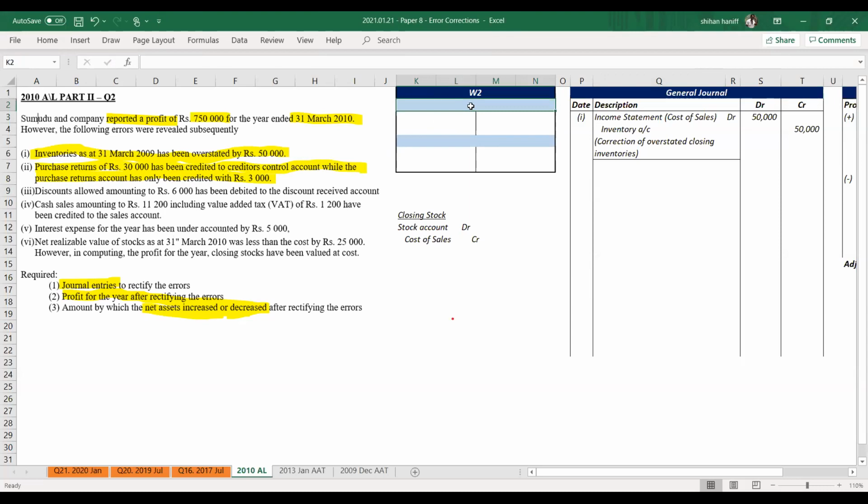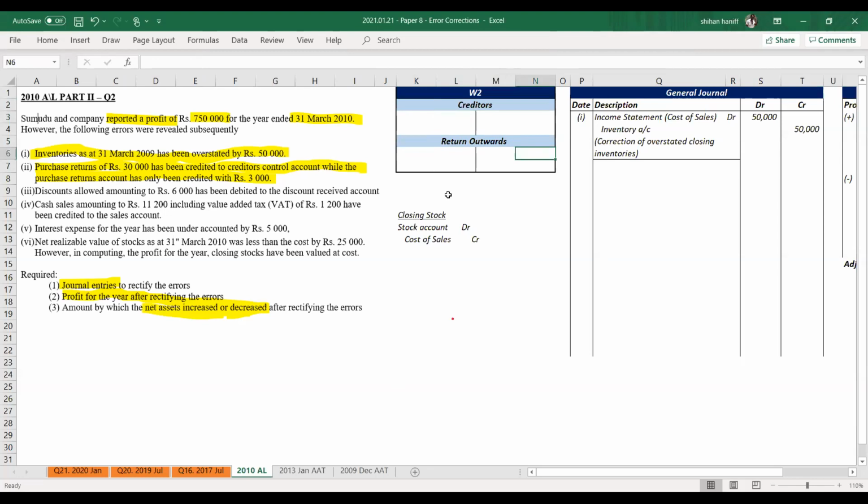Purchase return, what's the double entry? Creditors account debit, return outwards account credit.